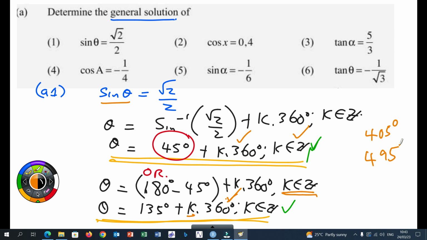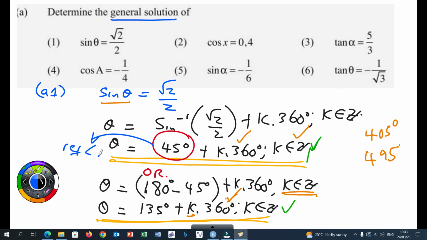The first angle you get from your calculator, that's your reference angle. This 135 is no longer a reference angle because we determined it by using that. Your reference angle is the one you get from your calculator. Please take note, this is the reference angle.